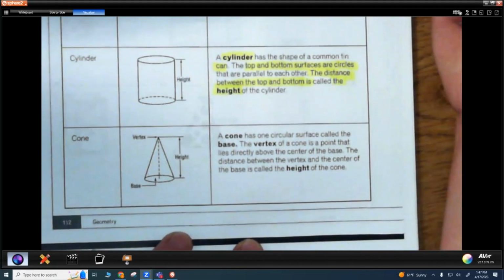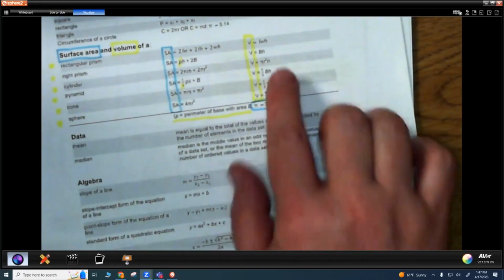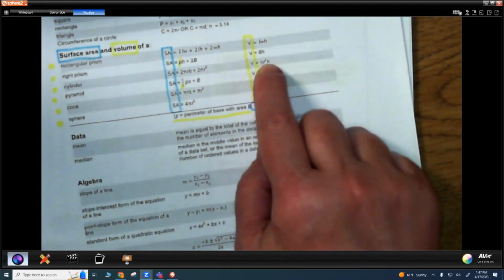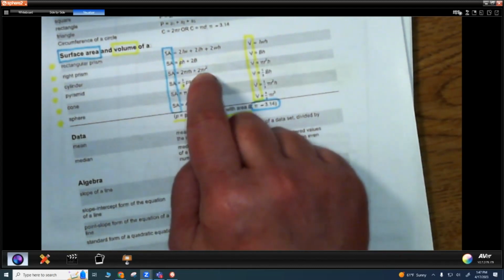When we have a cylinder, you can see this in the formulas. Pi r squared, that's our circle, times the height. Or if you look at the surface area of a cylinder, 2 pi r squared, that's the area of the top and the bottom, and then you need the height for the other part.